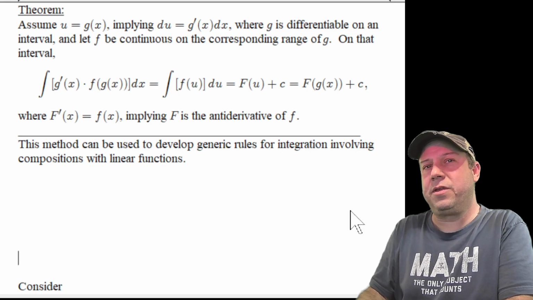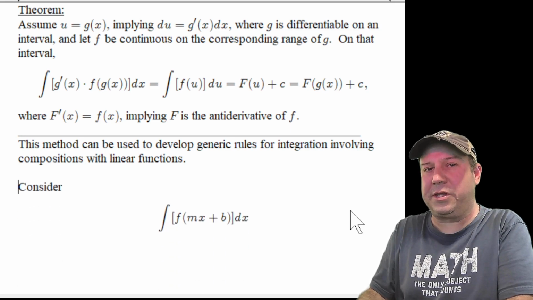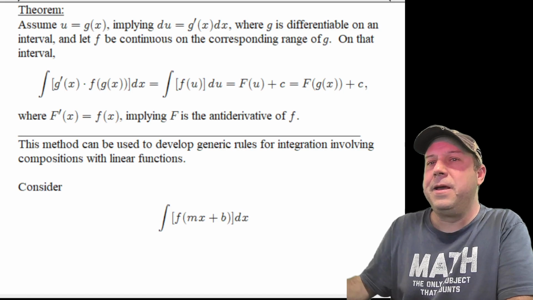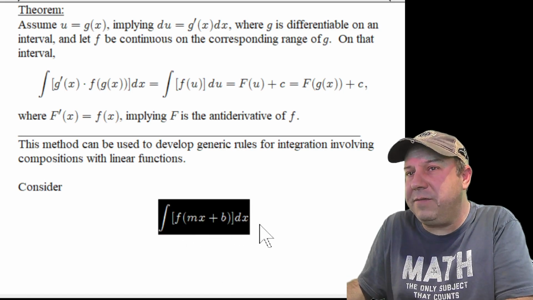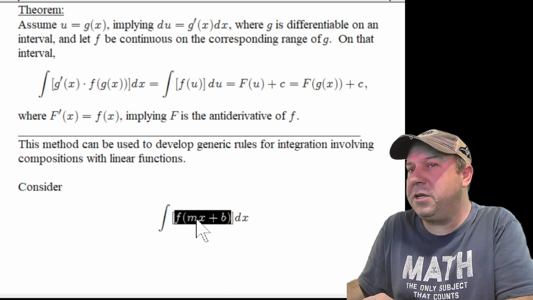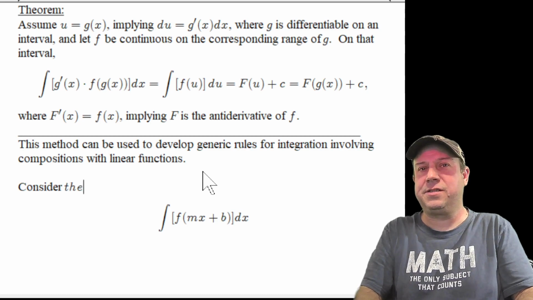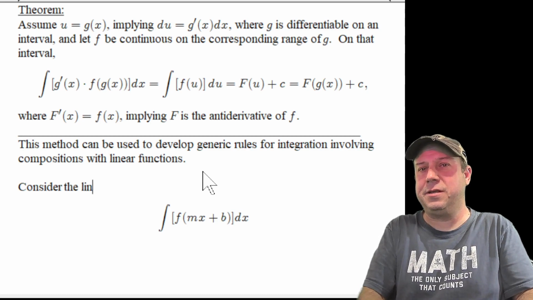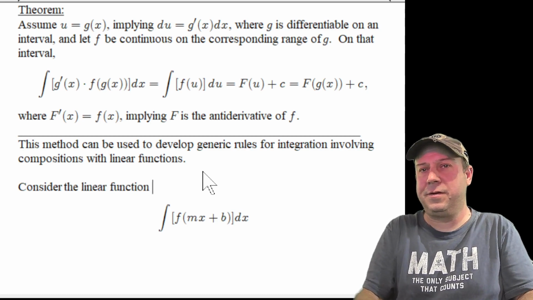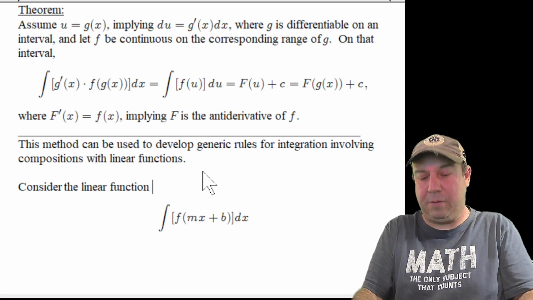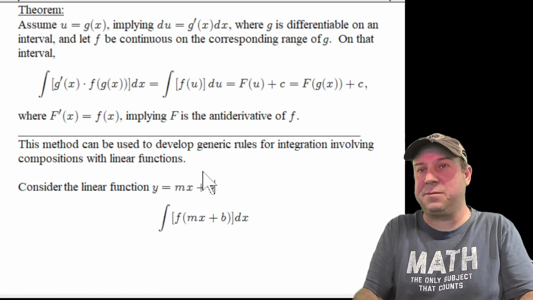One of the things we can do in general with this form is consider the antiderivative for a function composed with the linear function mx plus b. I might say here, consider the linear function y equals mx plus b.